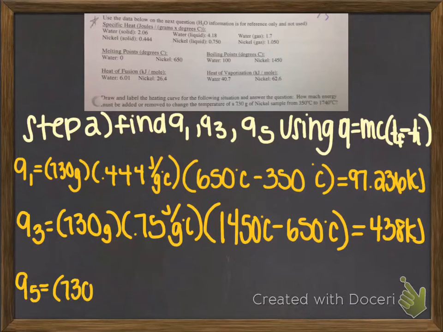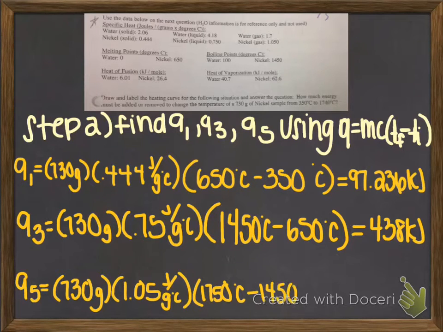So you get 438. Going on to Q5, once again, the mass stays the same. We know that Q5 is in a gas, so we look at the data and get the specific heat, which is 1.05, and then we look at the graph and see that the final temperature is 1,750 degrees Celsius and the initial temperature is 1,450 degrees Celsius.